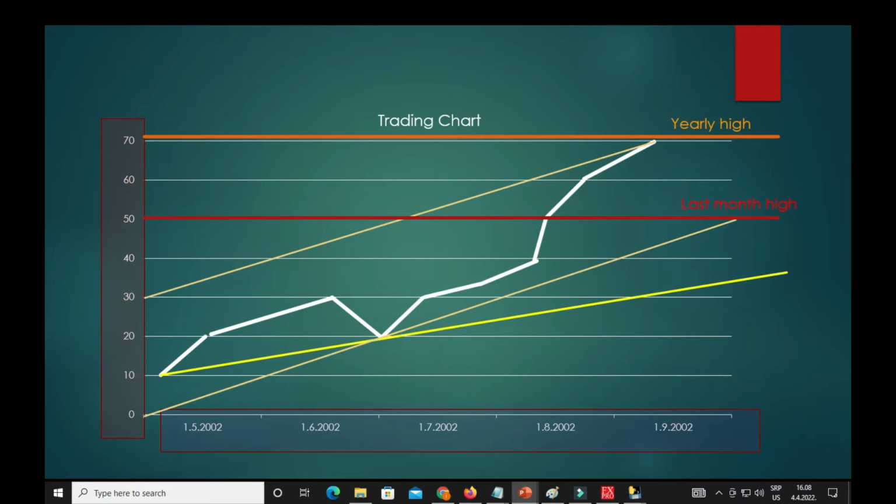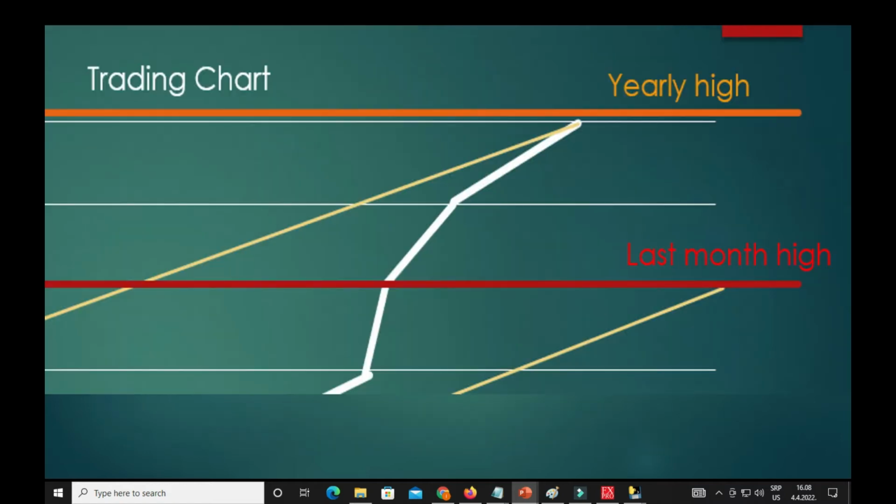Let me zoom in a little bit on this picture. Here on this chart we have an intersection, and our channel breaks important resistance or important support.